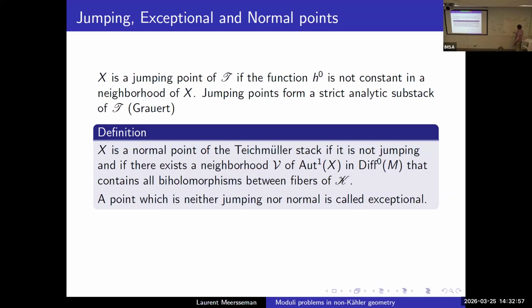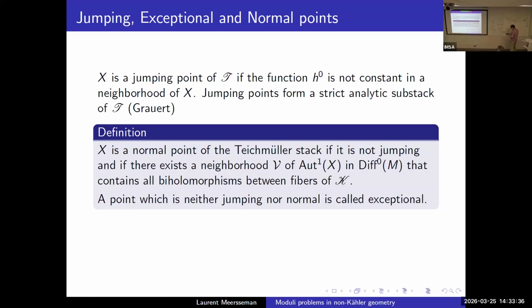And if it's a normal point, phi is in the diffeomorphism group, close to an element, close to an automorphism of a central point. Be careful that I am in the Teichmüller setting, so all these biholomorphisms and diffeomorphisms are isotopic to the identity. You may have two points that correspond to the same compact complex manifold, but via a biholomorphism that is not isotopic to the identity. In my Teichmüller setting, there are two different points.